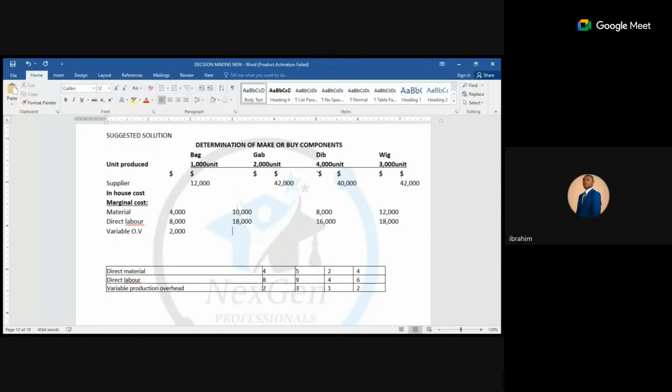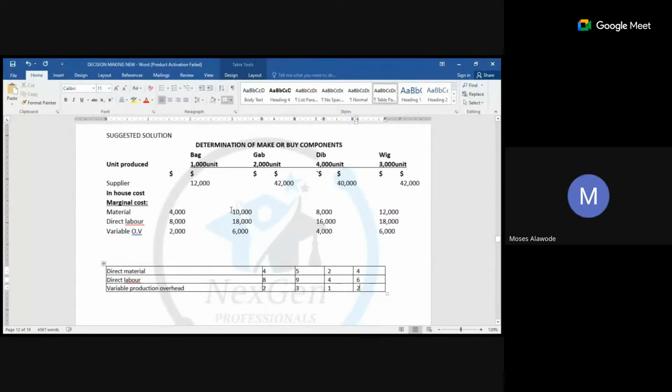Next, 6,000 naira. Next, 4,000 naira. The last one is 6,000.